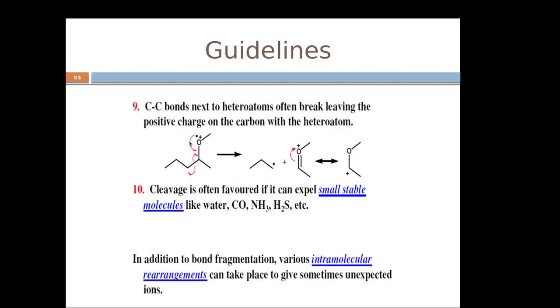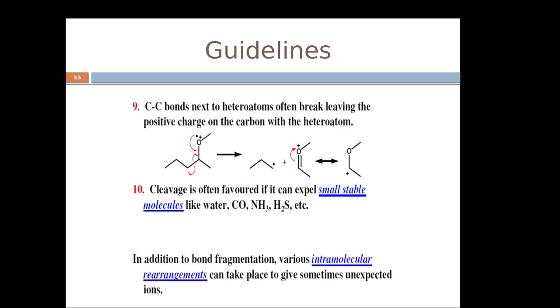This electron can shift towards this direction, and these bonding electrons can shift towards this direction, forming a carbon oxygen double bond and leaving a positive charge on oxygen, and then it could form a linear alkane chain with a propyl radical character, and this can undergo rearrangement to form a typical cationic species here.